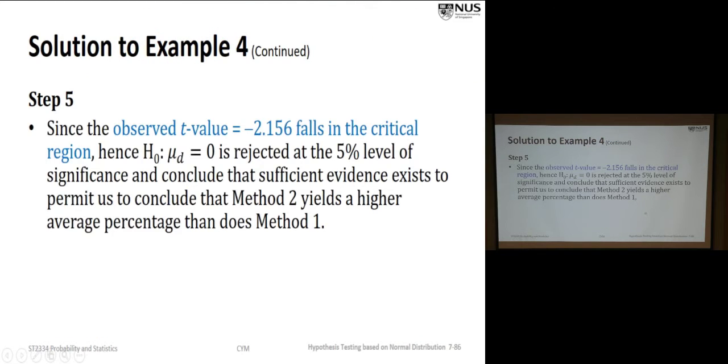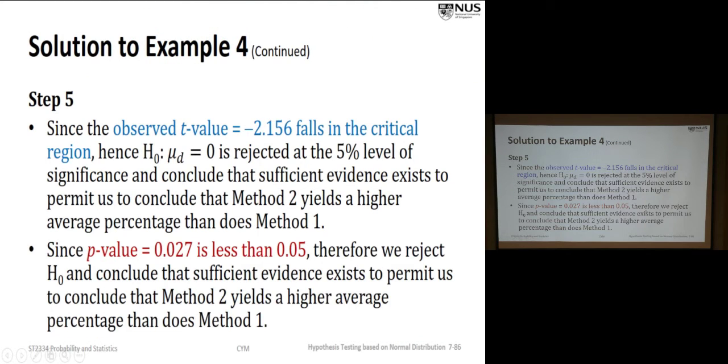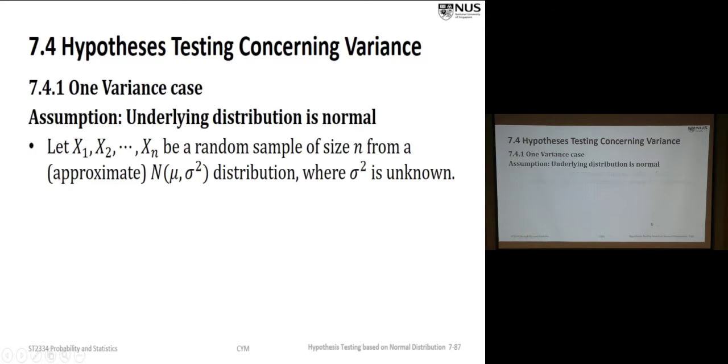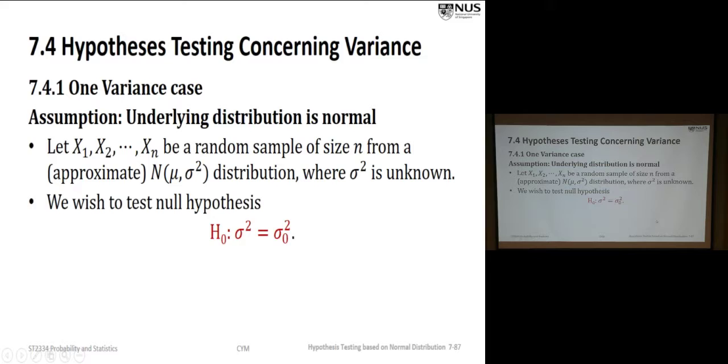Okay, so we make the conclusion: we reject the null hypothesis, saying that mu2, method 2, really yields a higher average percentage than method 1. All right, how about the variance? In the one-variance case, we're concerned about this one.